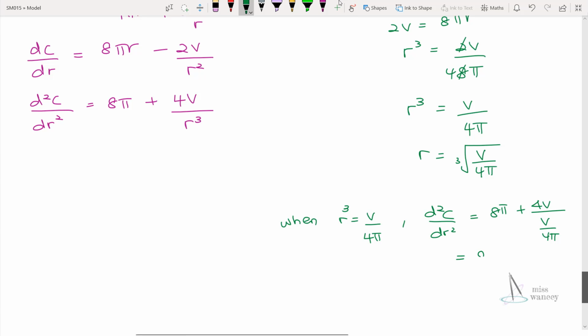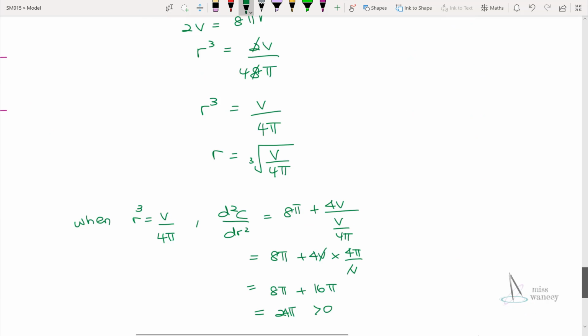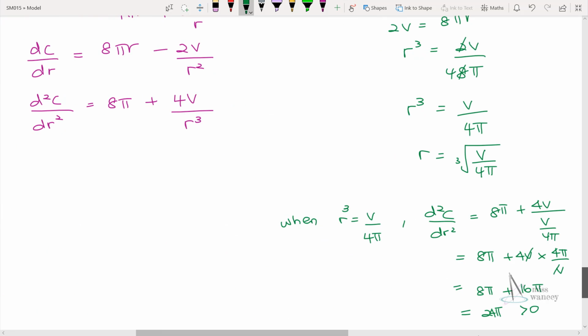So what we have there is 8π plus 4V times 4π over V. Cancel, cancel. So we got 8π plus 16π. So this is 24π. 24π is actually greater than 0.